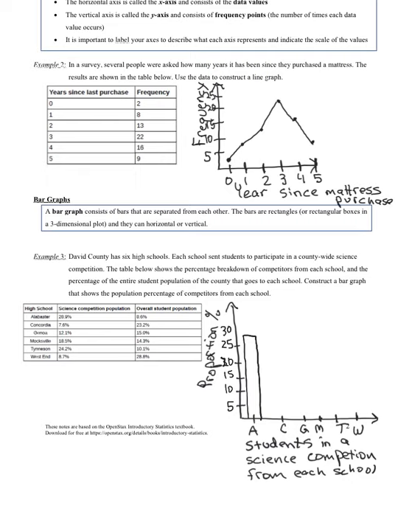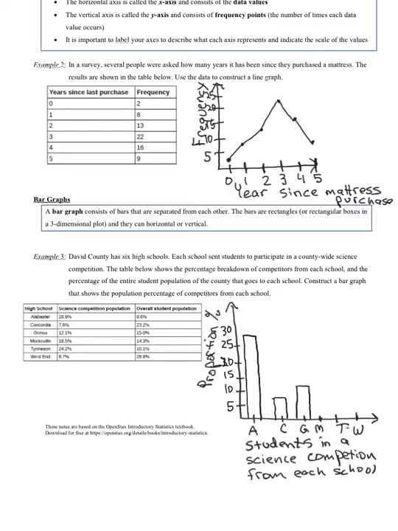For Concordia, reached about 7.6%. For Genoa, we'll go to 12%. So the top of our bar will reach approximately 12.6%. Notice that the bars are not touching here.